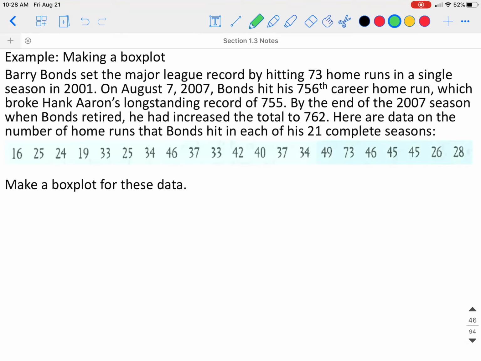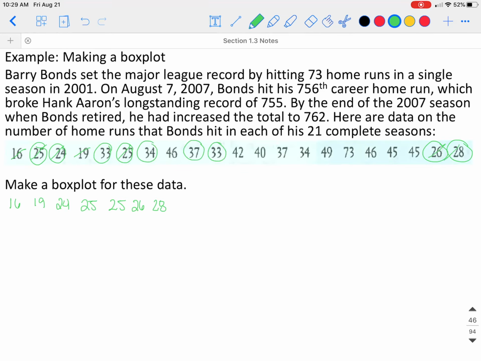We need to create a box plot for the data. So the first thing you would need to do is to arrange the values in order from smallest to largest. So the smallest number is 16. In the 20s, we have 24, 25, 25, 26, and 28.